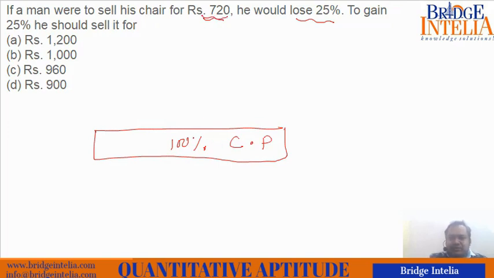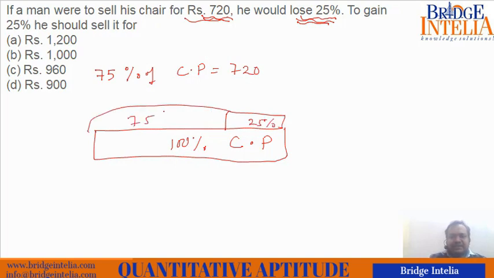When you sell it for rupees 720, you are incurring a loss of 25%. So I can say that 75% of cost price is equal to 720. Why? Because when I sell it for rupees 720, I incur a loss. Out of 100%, I lose 25%, which means I recover only 75%. So 75% of the cost price is equal to 720.